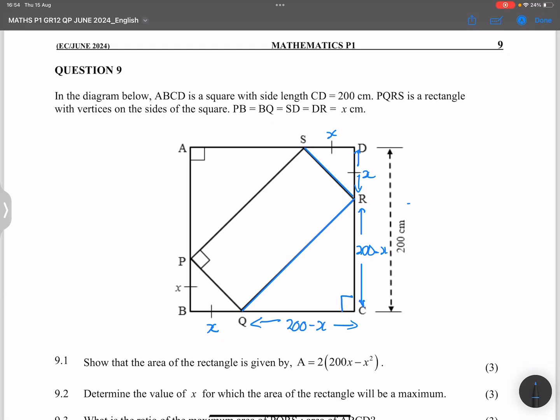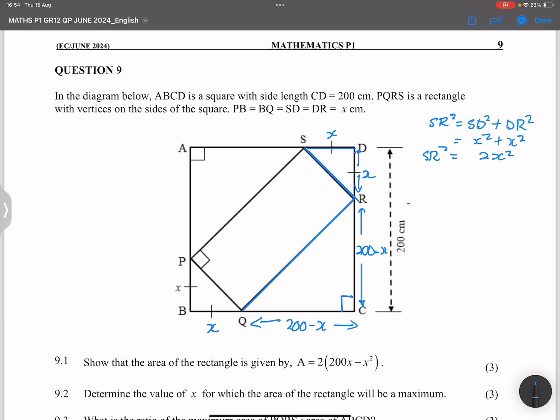So we know SR squared is equal to SD squared plus DR squared. So essentially we are taking this side SR and it's equal to the square of the other two sides. So this will be x squared plus x squared, and this will give us 2x squared. Right, so that's SR squared.